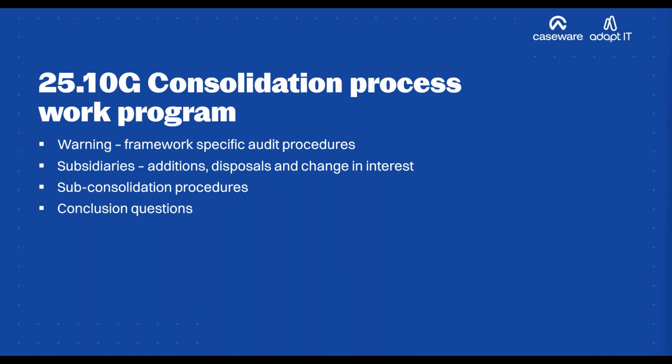If you had selected that the client has additions of subsidiaries or disposals or a change in interest, that's all part of your gathering information questions earlier on in 1050, if I remember correctly, then those procedures will also be activated here to say you must now test the additions, the disposals, and the change in interest. There was a question earlier about sub-consolidations, and then there will be procedures here to prompt you for sub-consolidation procedures. And then, of course, just the conclusion questions.